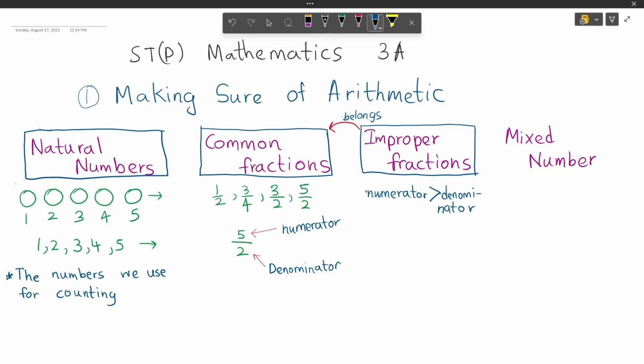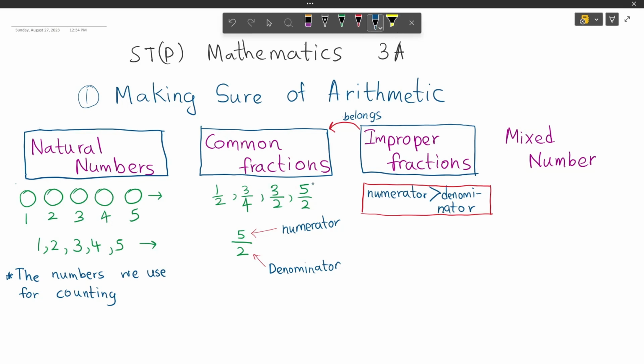This is the condition which should be satisfied by fractions to fall under the category of improper fractions. So let's take examples.